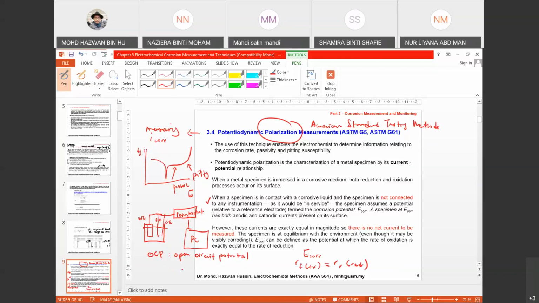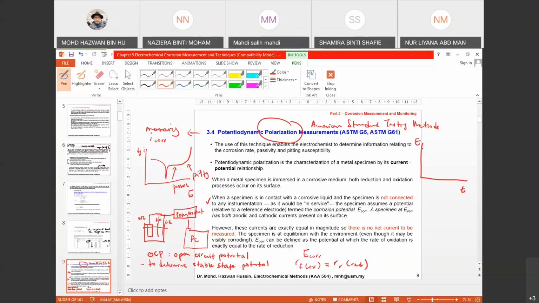So the aim of open circuit potential is basically to determine the stable state potential. For example, when you do OCP, you will have a response between potential and time.